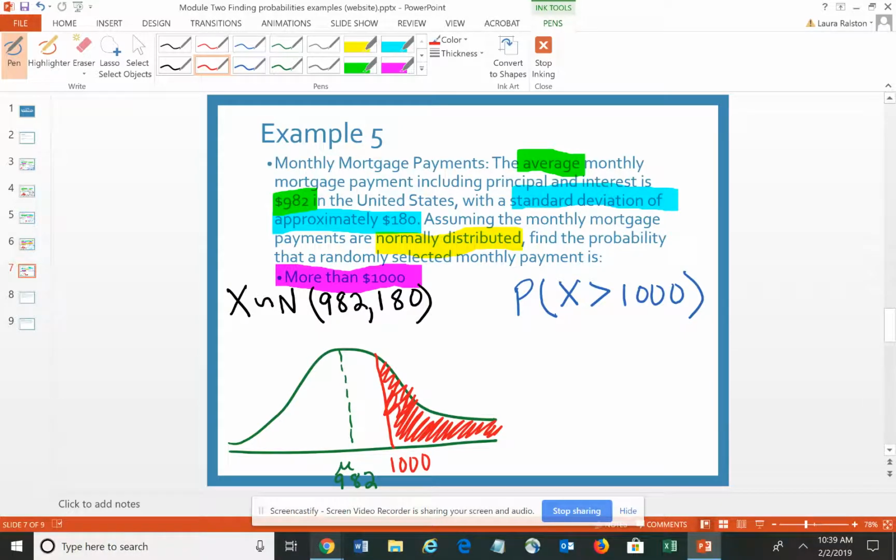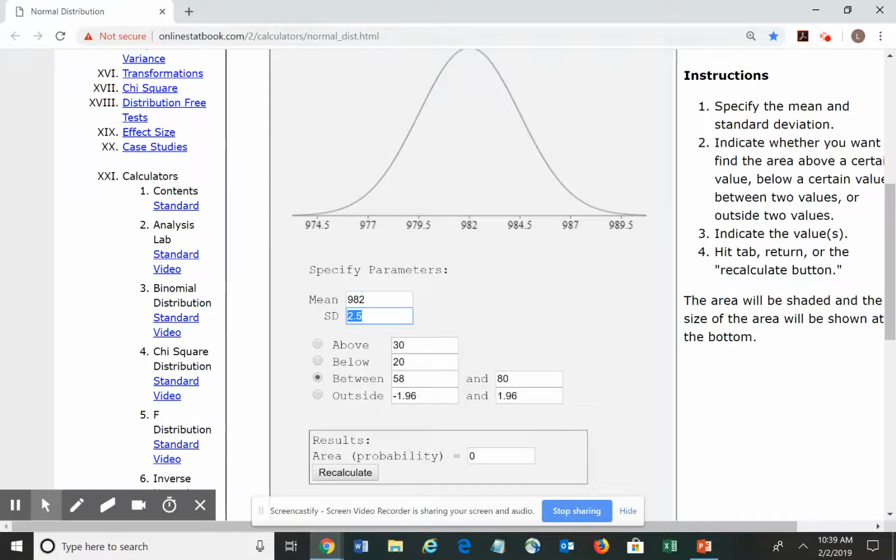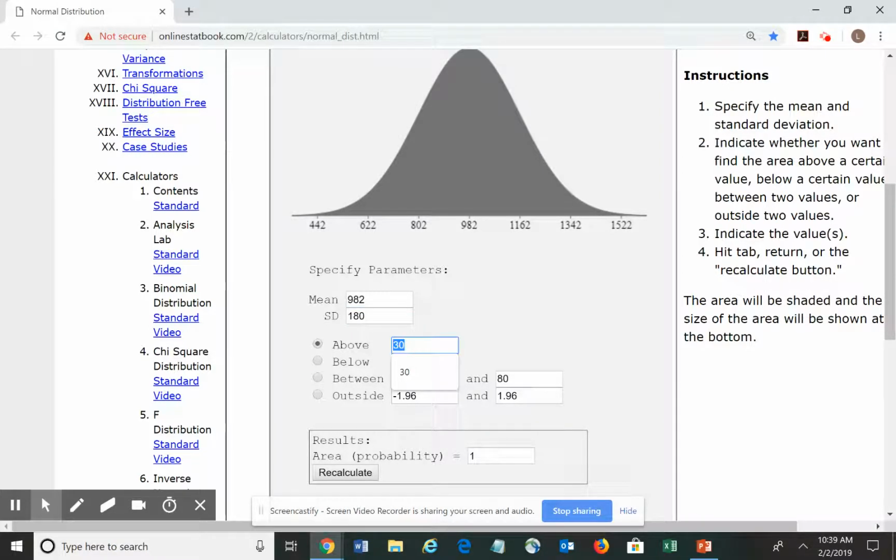Okay, so I'm going out to my website. Got to enter the information. My mean is stated as 982. My standard deviation is given as 180. In this case, I want to be more than, greater than, or above 1,000.